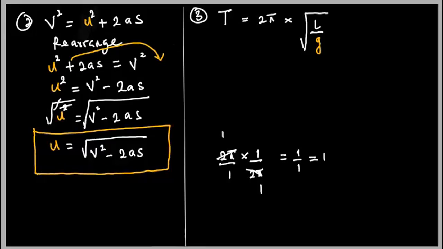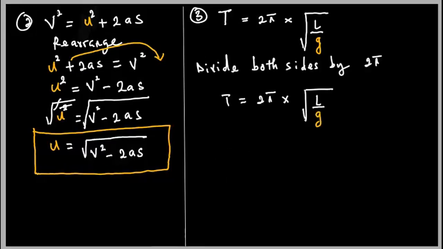So I'll write it here. Divide both sides by 2 pi, dividing here also by 2 pi.